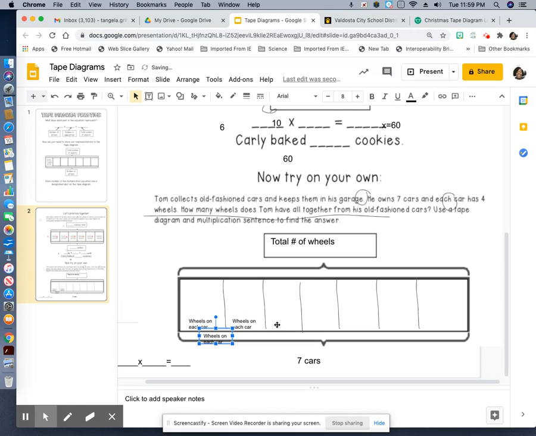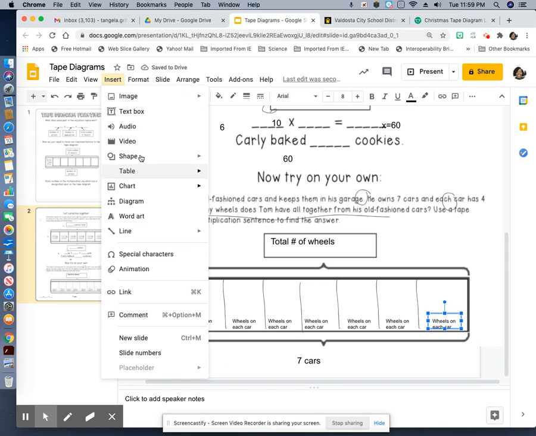Okay, Control V, Control V. Wheels on each car. Let's move them over. One more. So we know the wheels on each car would be 4.